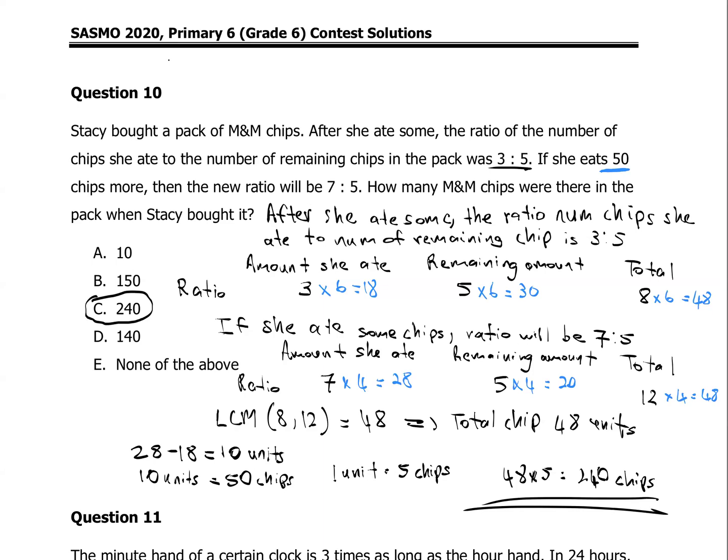So then I find the least common multiple of 8 and 12, which is 48. And that should be the total units of the amount of chips in total. Does that answer the question, or do I need to show you how to do least common multiple? Okay, teacher, thank you.